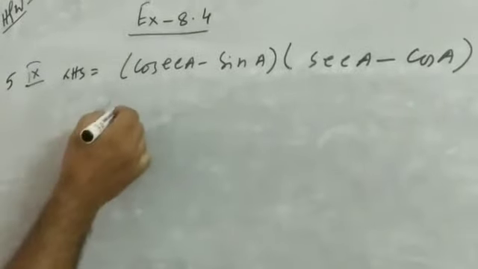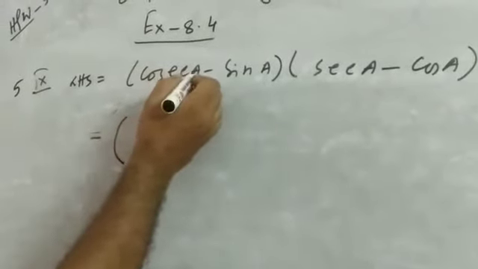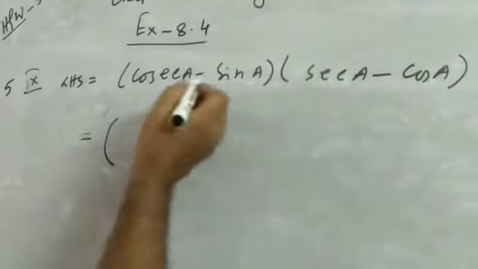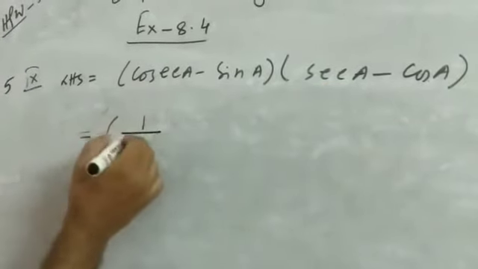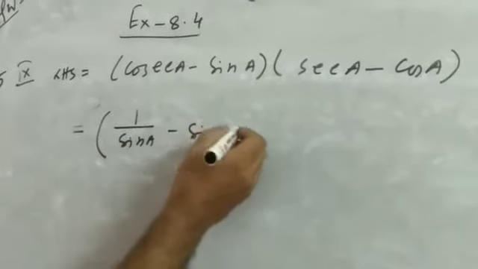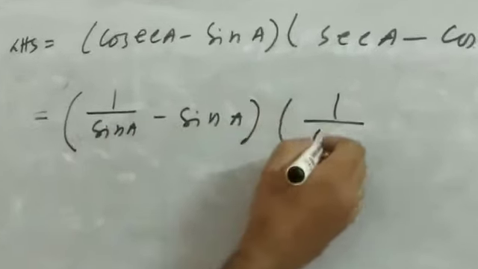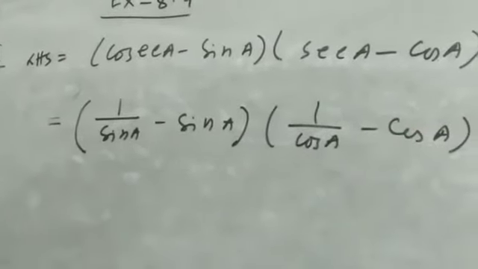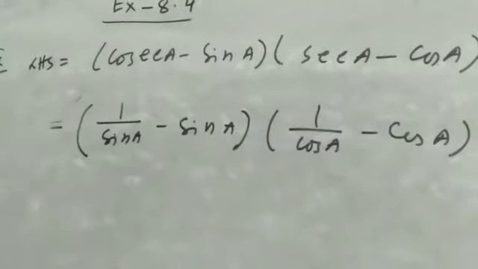How will we simplify? We have cosec, sin, sec and cos. This cosec and sec we will change to sin and cos. So we can write 1 by sin A minus sin A, and here also 1 by cos A minus cos A. In many problems we change to sin and cos.